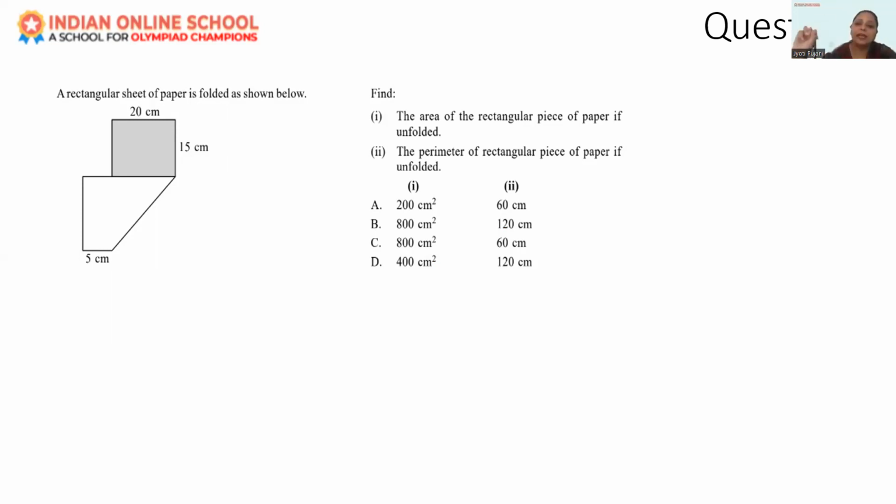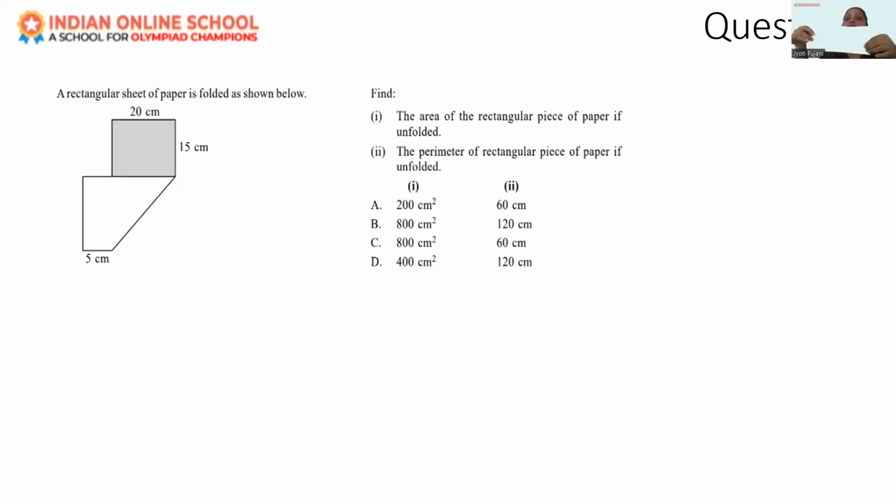This is, I have made the unfolded figure just like the given figure. Fine. Can you see that? This is my 20. This is 15. Okay. This is 5 and this is 5. Now, if I open it, if I unfold it, what will it become?